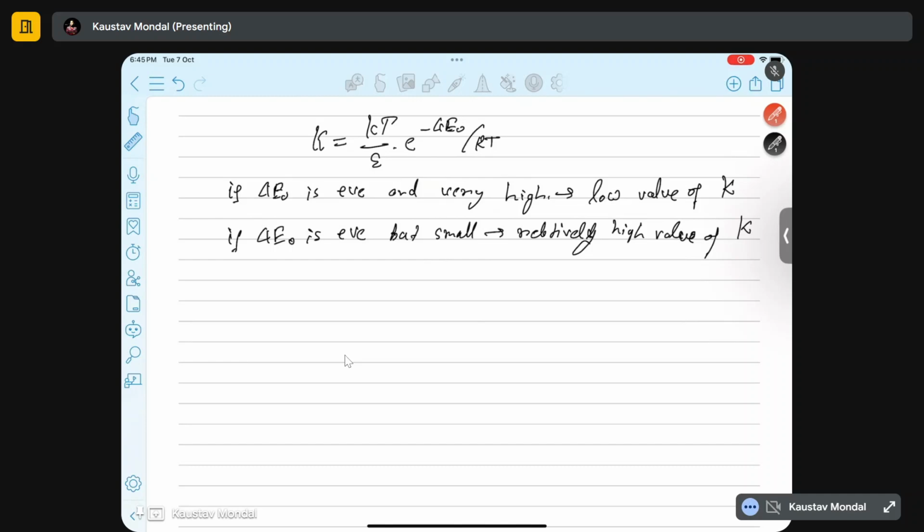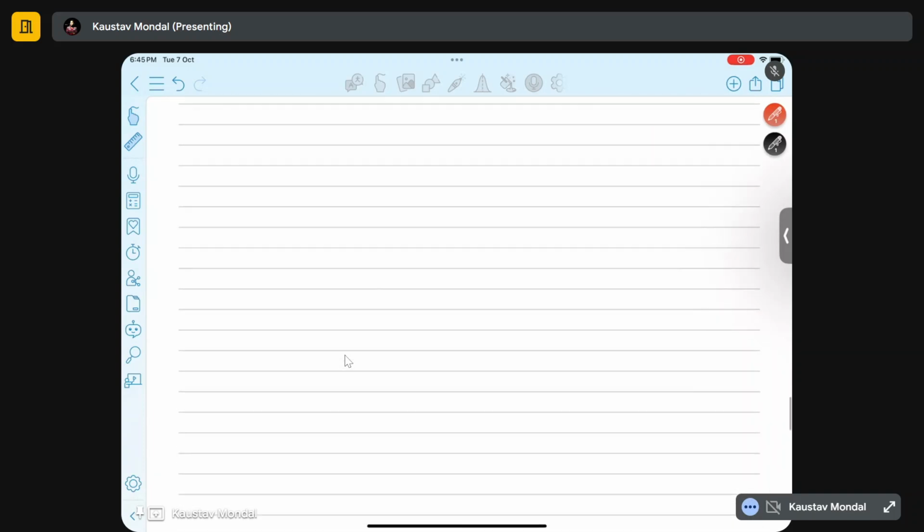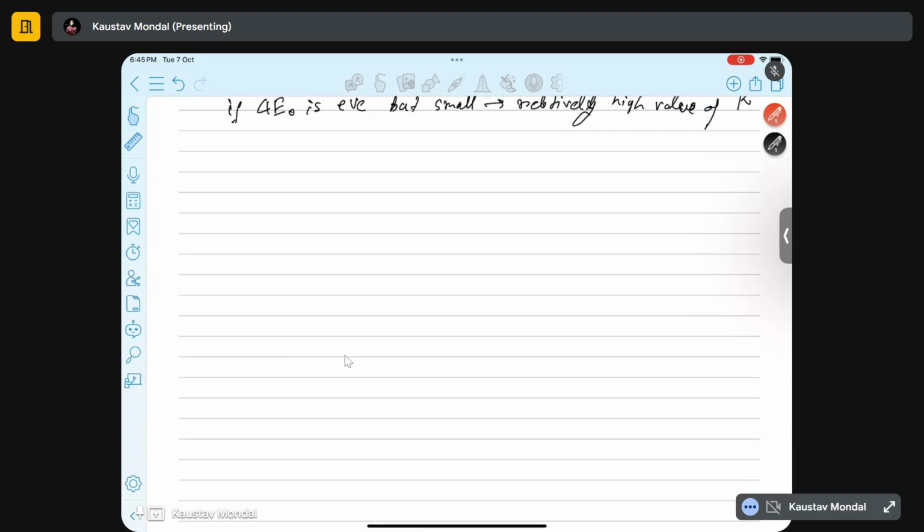The problem will be based upon specific heat.